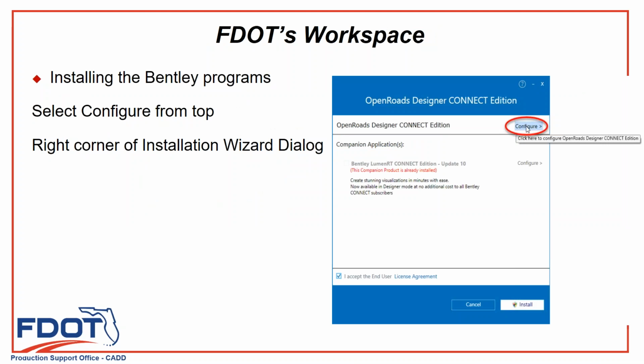And the way we have it, the product needs to be loaded first. But when you load the product, you have to have the know-how or the general location of where you want the workspace to go, either on your C drive or on the server. We install that by, on the top right-hand corner of OpenRoads or OpenBridge Modeler or MicroStation Connect, clicking on the configuration or configure to take us to a custom workspace.